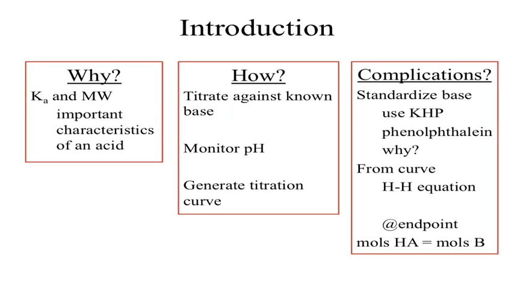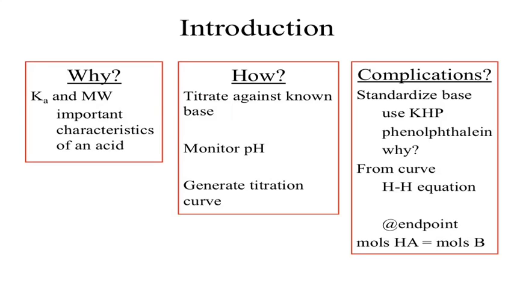So why is it important to go through and do this? Knowing the Ka of an acid, we could use that as a buffer system. If we know the Ka, we could decide for a particular reaction that we want the buffer pH balanced at that range. They're both important characteristics of an individual acid.